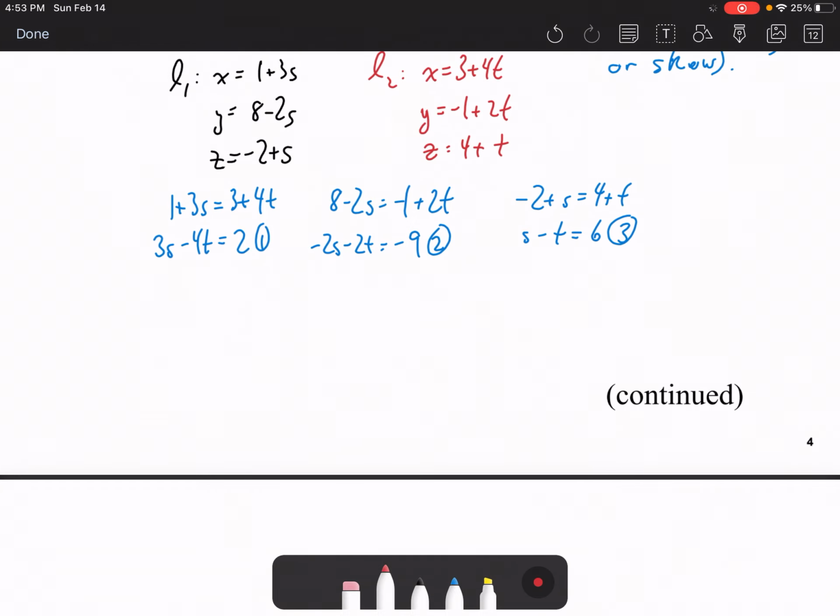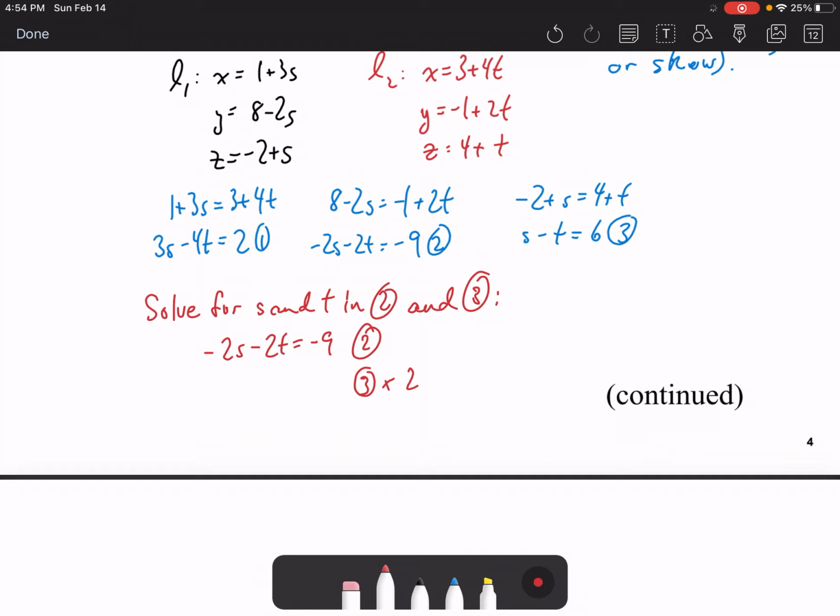So I'm going to solve for s and t in equations 2 and 3. So I'll use elimination again. I'll leave equation 2 as is. I'll take equation 3 and multiply by 2.